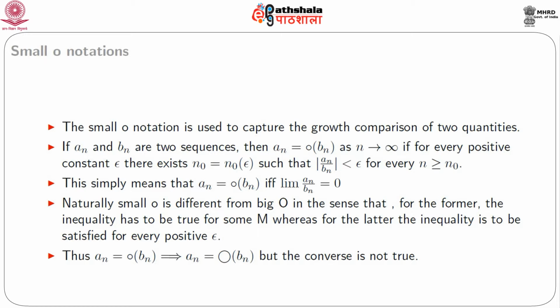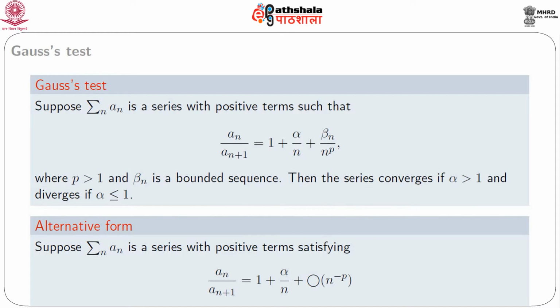This simply means that a_n equal to small o of b_n if and only if the limit of a_n by b_n equals 0. Naturally, small o is different from big O in the sense that for the latter the inequality has to be true for some M, whereas for the former the inequality is to be satisfied for every positive epsilon. Thus, a_n equal to small o of b_n implies a_n is also big O of b_n, but the converse is not true.